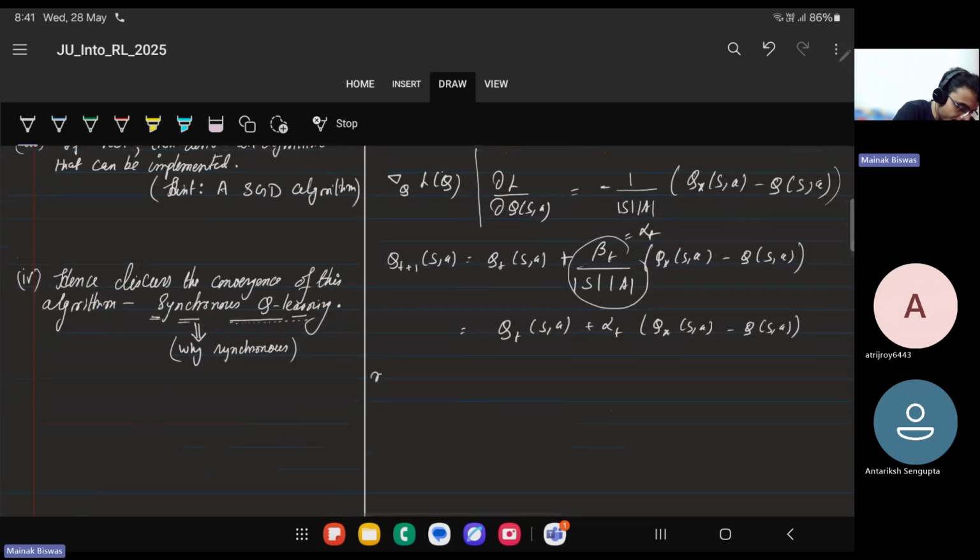So in the matrix or vector form, what can I write? Qt plus 1 is equal to qt plus alpha t times q star minus qt. Is this fine?